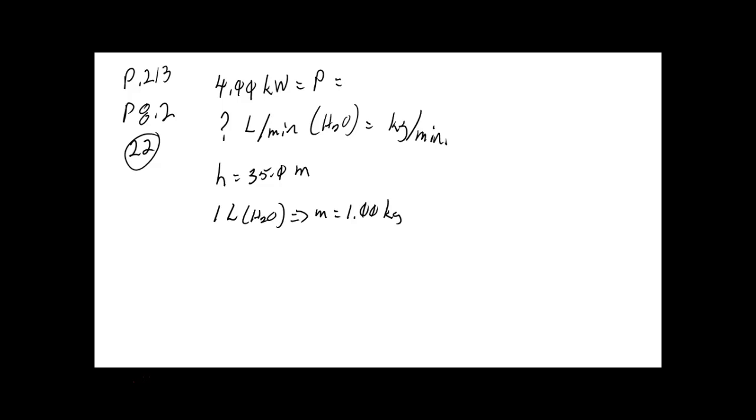Kilo means 1,000, so this is 4,000 watts. And that third digit, the middle zero, is significant. The last one's not, but those first three are.